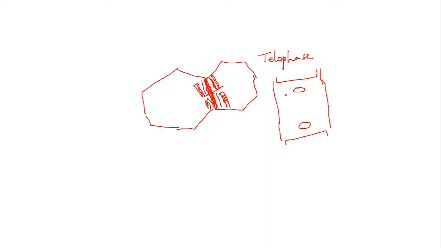During this condition, the phragmoplast vesicles containing calcium and magnesium pectates, which are formed from the Golgi apparatus, come and lie towards the equatorial plate. From both the sides, from this cell and this cell, they migrate to the center and lie on the equatorial plate. Along with these phragmoplasts, microtubules and actin fibers also get accumulated near the plate.